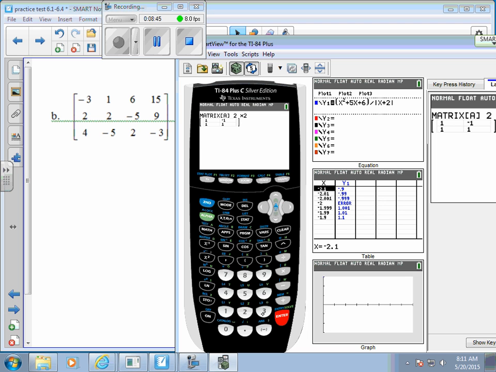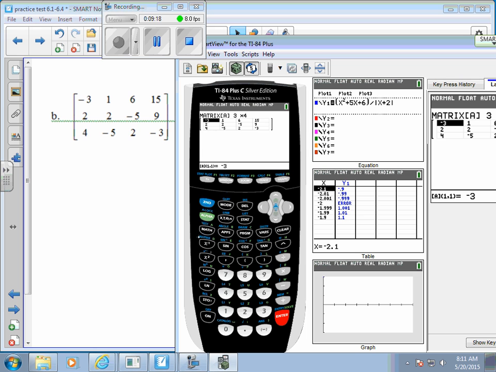So I'm going to go with a 3 by 4, and I'm going to put in negative 3, enter 1, enter 6, enter 15, enter 2, 2, negative 5, 9, 4, negative 5, 2, negative 3.